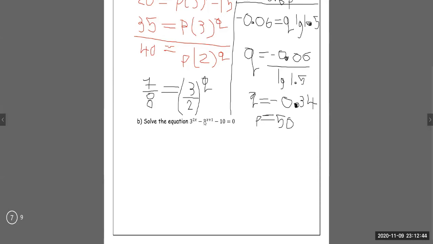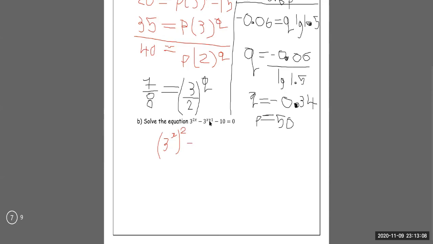Well done. So this is a hidden quadratic. They're trying to hide the quadratic by using indices. But we know our laws of indices, so we can rewrite 3 to the 2x as 3 to the x, squared. And then we're going to take out this as minus.